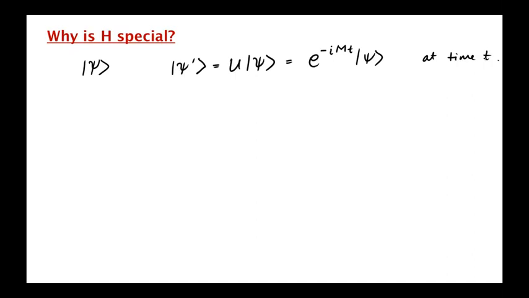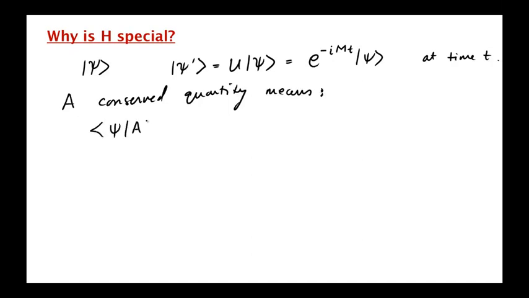So now what does it mean to say that A is a conserved quantity? A is a conserved quantity means that if you look at the expected value of A under psi, so <psi|A|psi>, this must equal <psi'|A|psi'>.